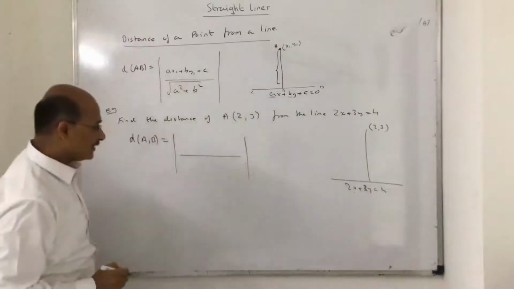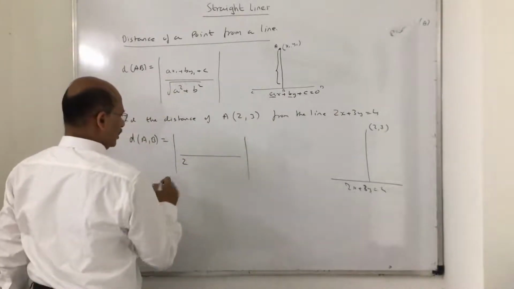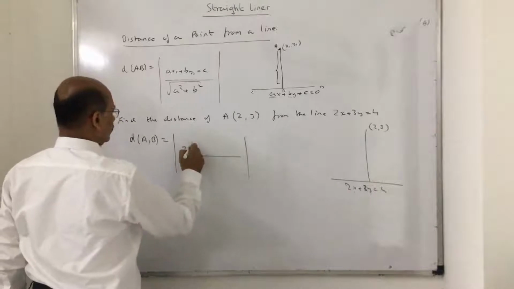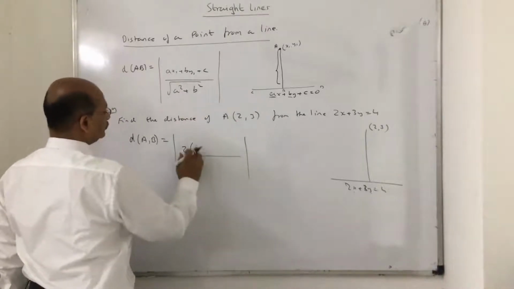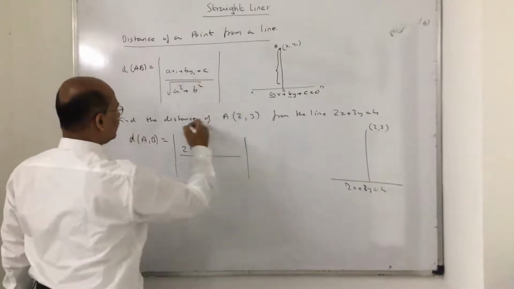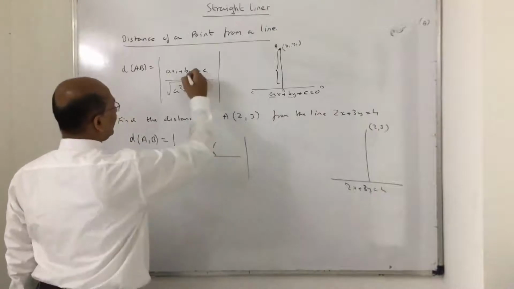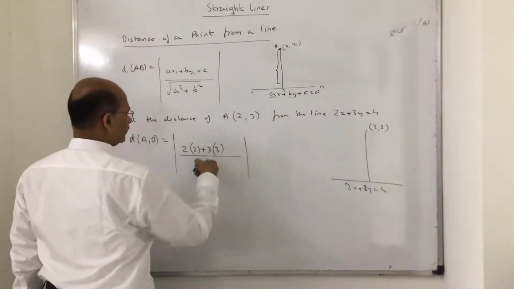So A is nothing but 2, x1 is 2, plus B is nothing but 3, y1 is nothing but 3.